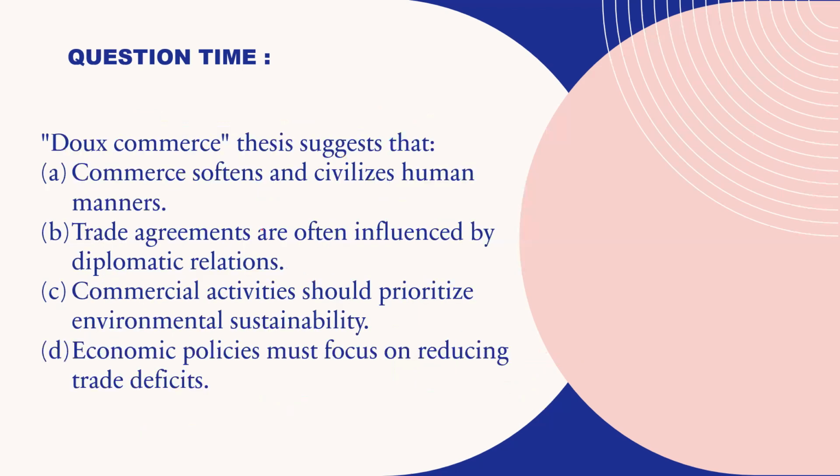Doux commerce thesis suggests that. So this also, recently in the Indian Express, it has been mentioned. So what does this basically suggest? Just go through this and let me know.